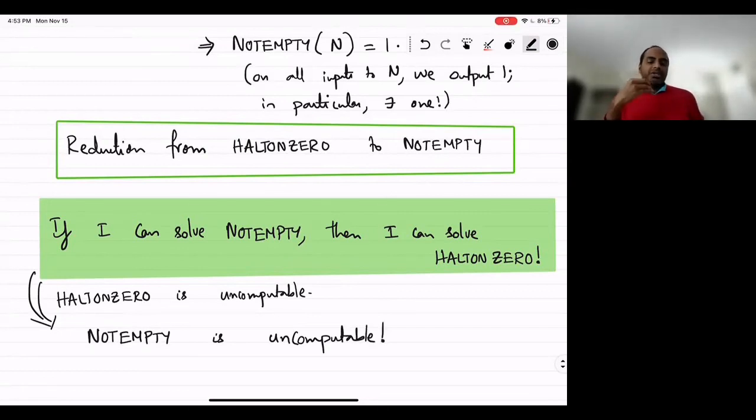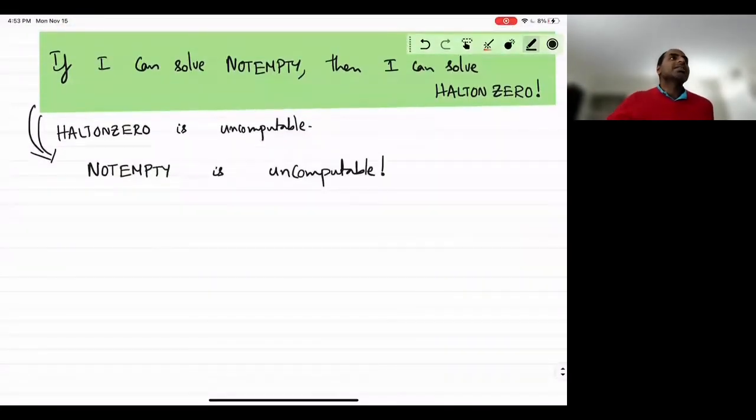Okay, so that's how reductions come into play. You reduce one problem to the other, meaning if I can solve a problem, then I can solve another problem. And then you use this implication in the contrapositive way. Okay, so let's summarize a little bit.